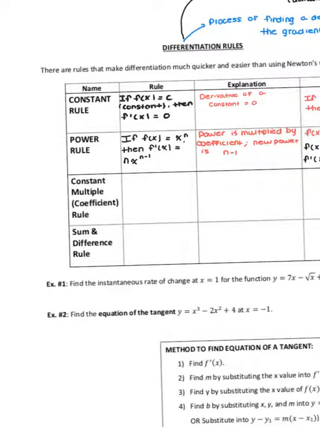So to give an example here of the rule, if f of x equals c times u of x, and c is a constant, then the derivative f prime x is equal to c times u prime of x.